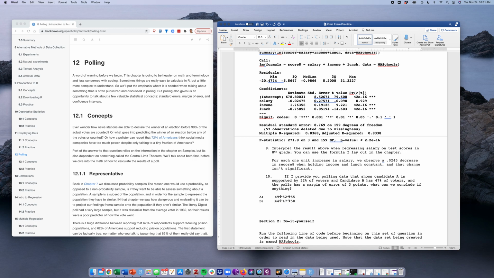So the question becomes, right, can we conclude anything about this? Do we know that candidate A is leading or candidate B is leading in the population beyond this poll? We know that in the poll, candidate A was leading with 52% of the support. But are we confident that candidate A is actually going to win in the election? Because the margins of error are 3 points, they overlap here.